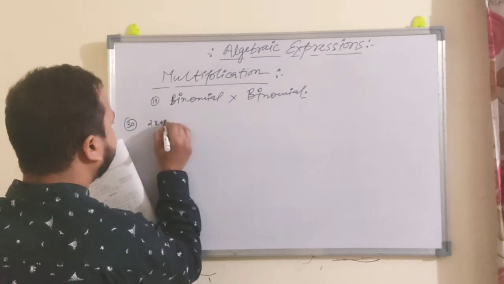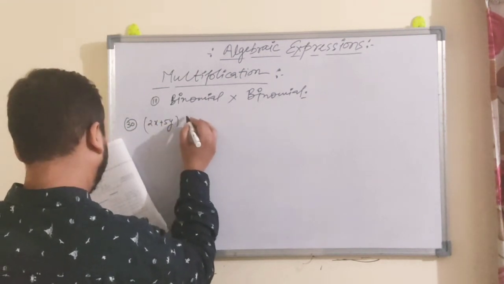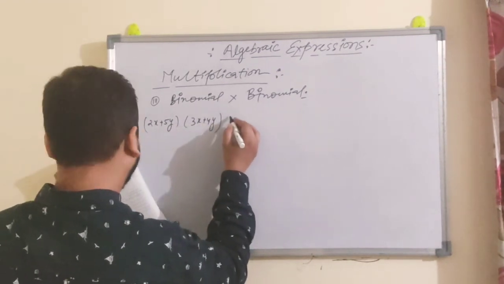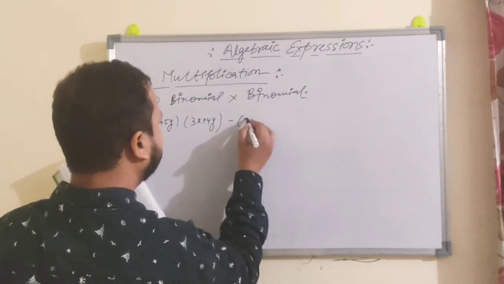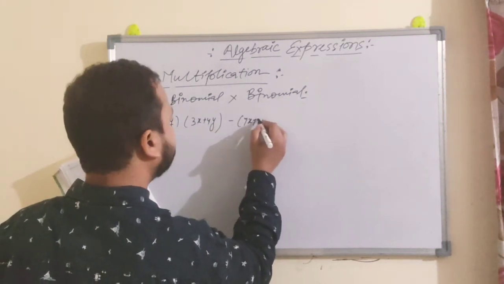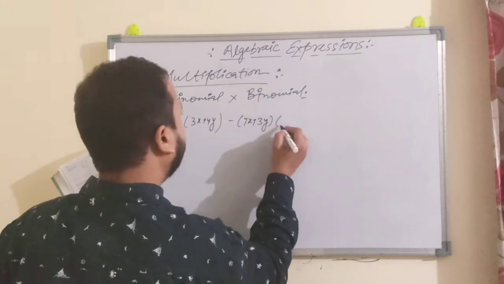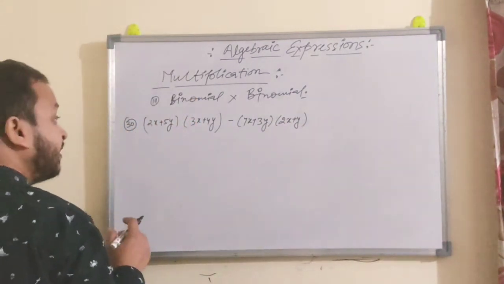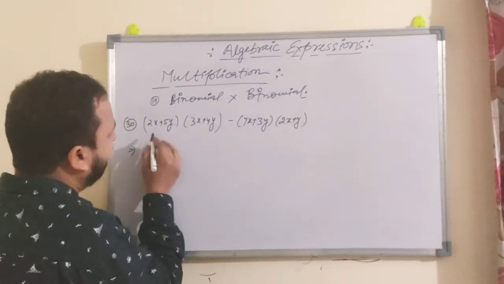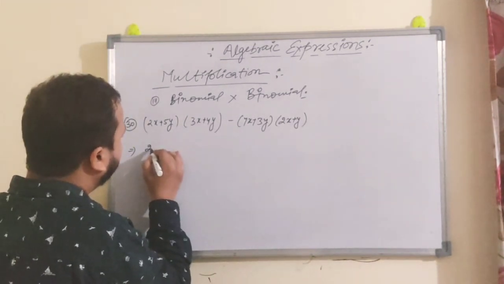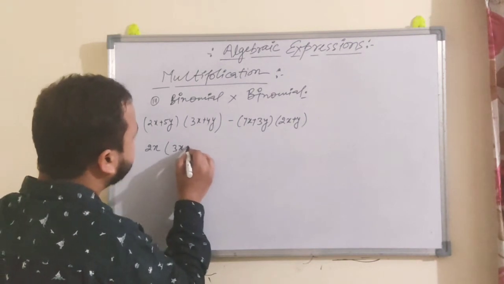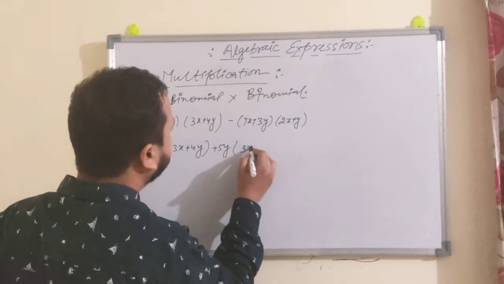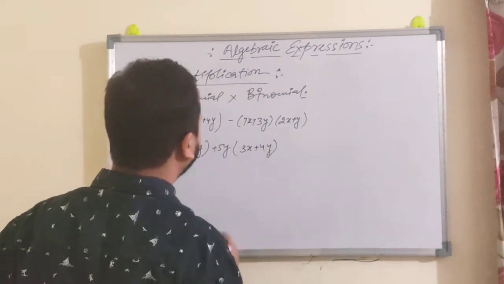2x plus 5y, 3x plus 4y, then minus 7x plus 3y and 2x plus y. This is given. Now 2x into 3x plus 4y plus 5y, 3x plus 4y.